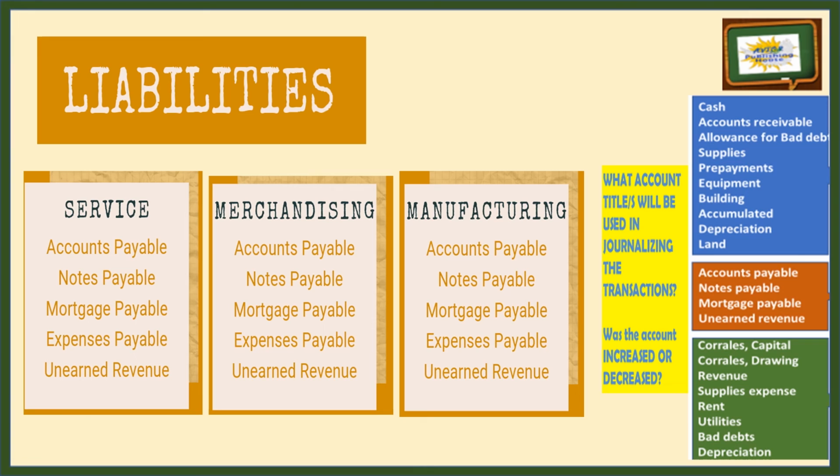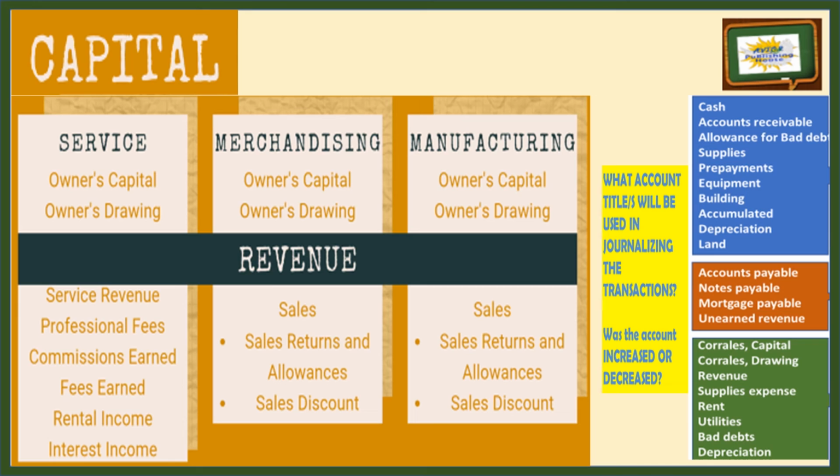With regards to accounts payable or liability, service, merchandising, and manufacturing are all the same. There's no distinction whatsoever. What is a liability for the service will be the liability for merchandising and manufacturing. We go to the capital. There's no change in form of organization but only in business activities.